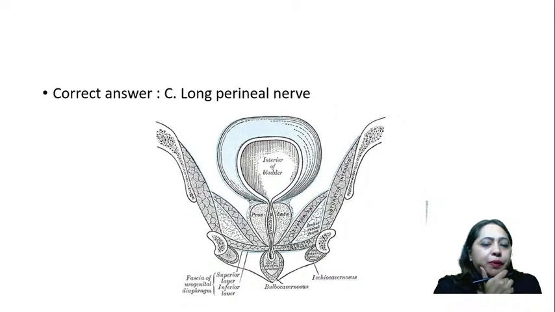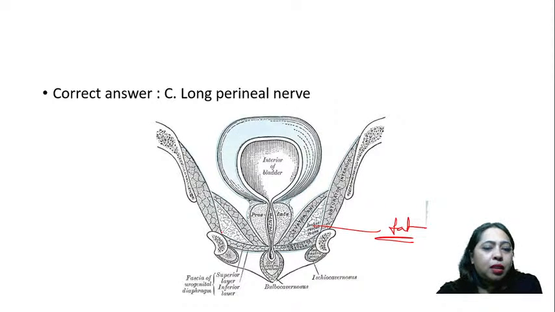Long perineal nerve. You can see these muscles which are separating; there is the ischiorectal fossa on either side of the levator ani, and this is filled with fat. And you can see there is a constrictor urethrae, with the piercing of the urethra.